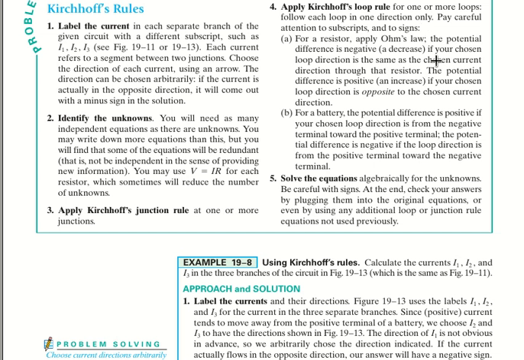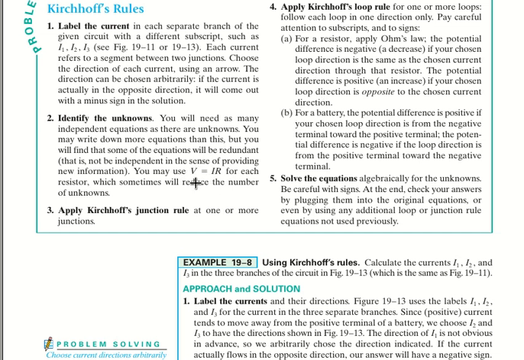In this case, for a resistor, the voltage is equal to the current passing times the resistance, and the sign is the opposite of the sign of the current passing through that line, because it's dropping potential.